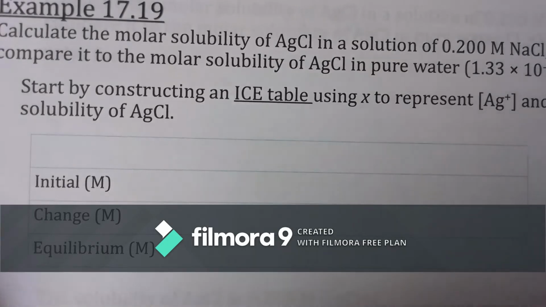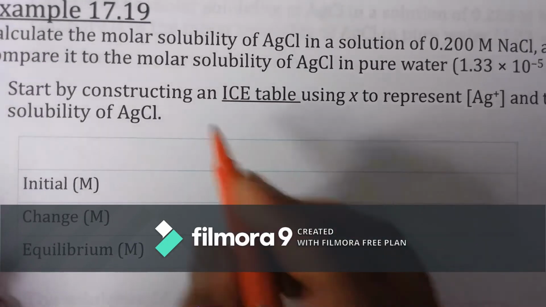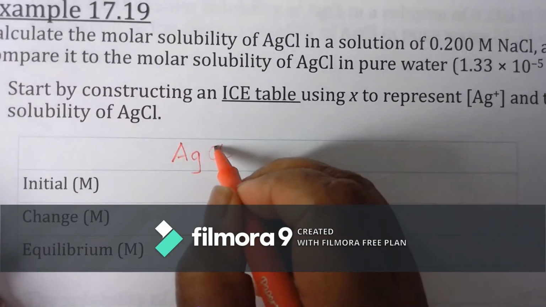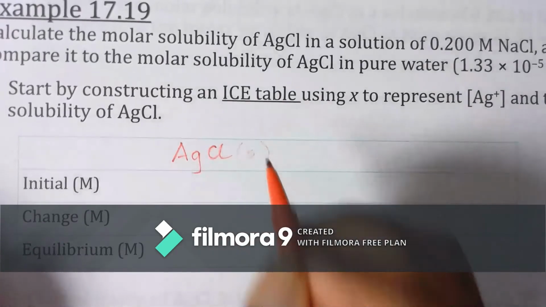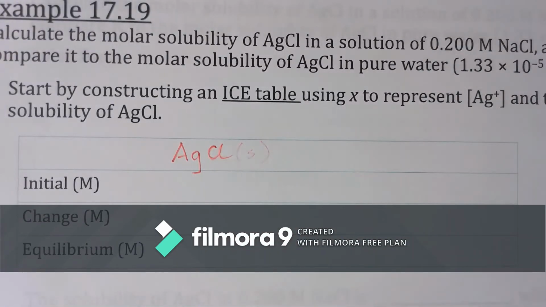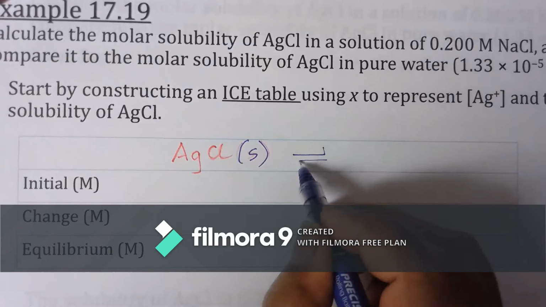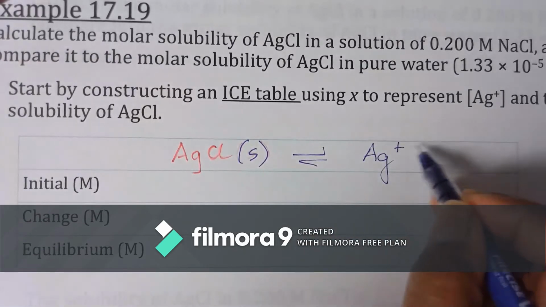So let's start. We're going to do an ice table just like we did in section 7.1. We're going to test the common ion effect, AgCl, solid, Ag plus aq.